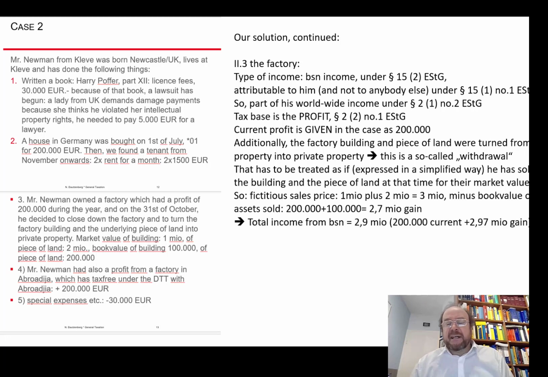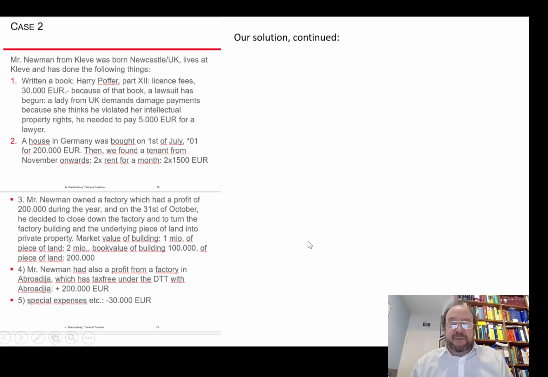And if you add up everything, current profit plus the income from business, that's 2.9. 200,000 plus 2.7. You see, here's evidently a typing mistake. It would have been a miracle if this case would have gone without any typing mistakes. Naturally, nobody is perfect, and unfortunately no case is perfect either.